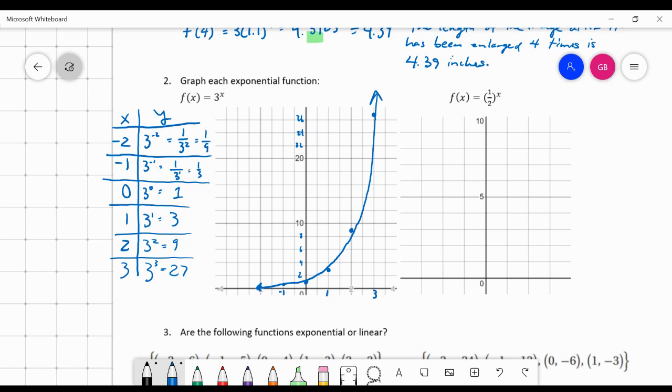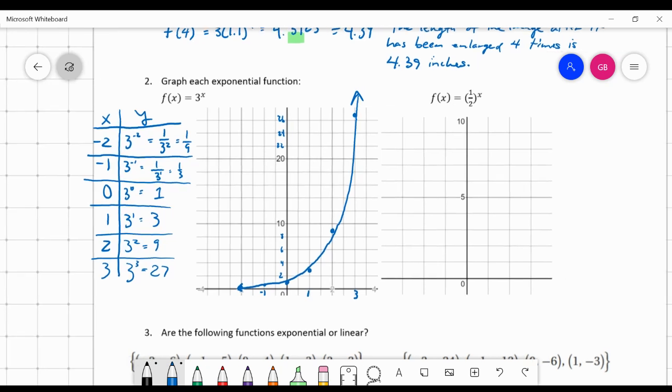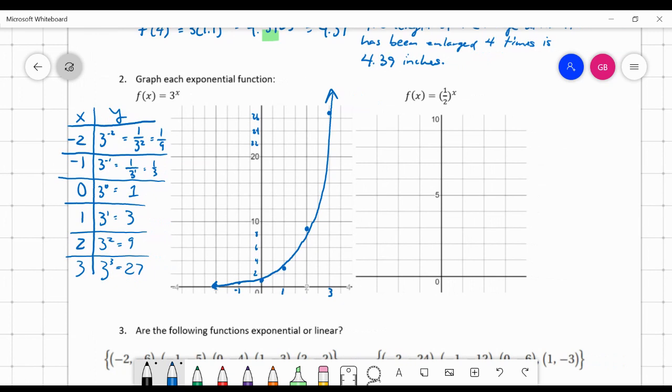Okay, and the next one, f of x is equal to 1/2 to the x power. Again, let's go ahead and do our table of values. Let's start the same way with -2.